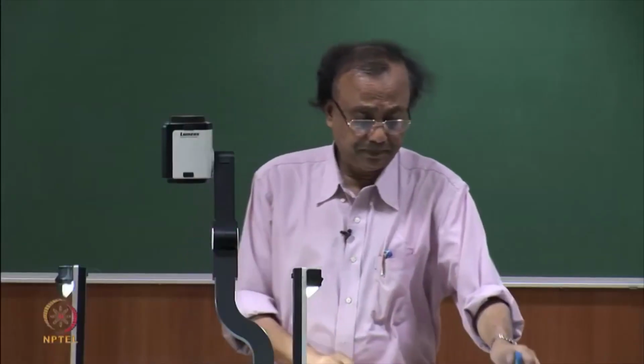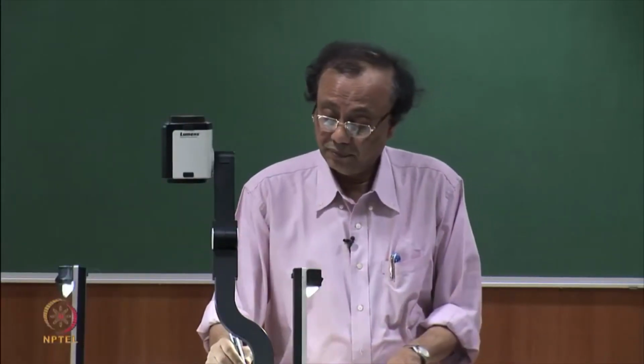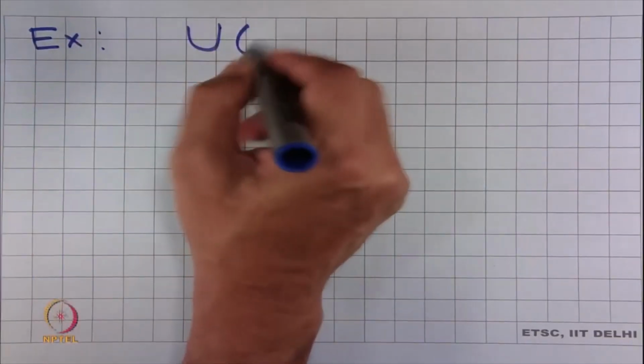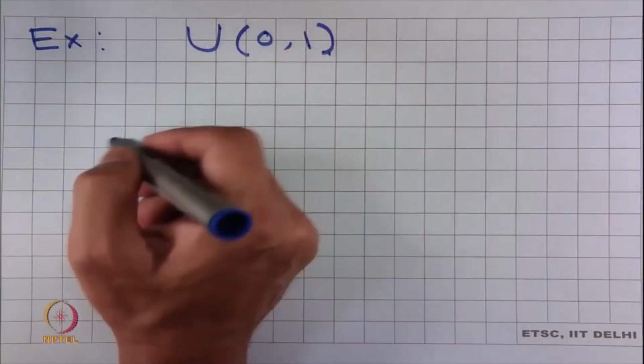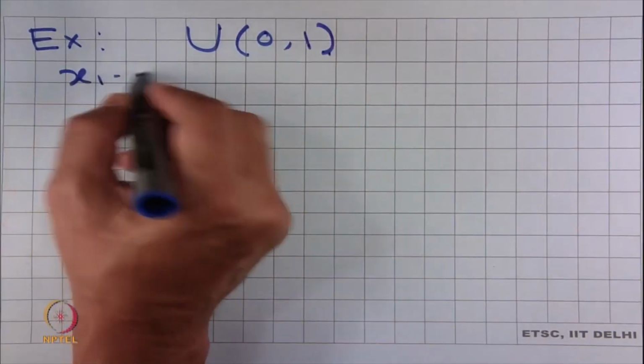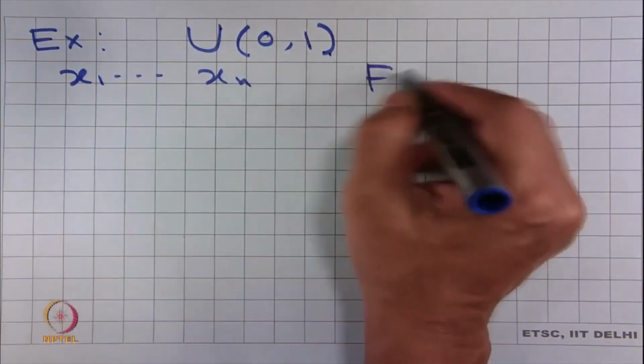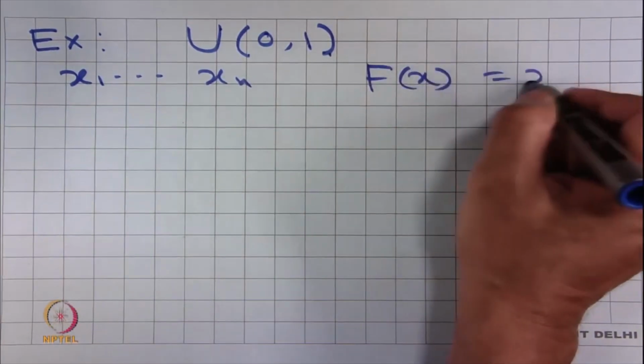So, for example, as I said, I will take uniform 0 1, n samples. F(x) is equal to x.